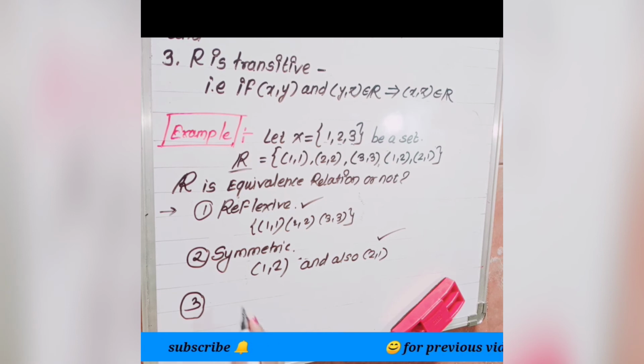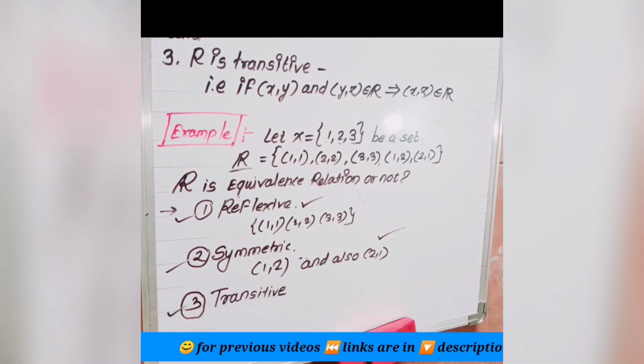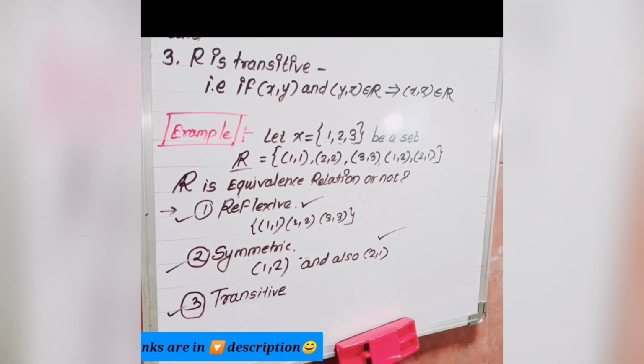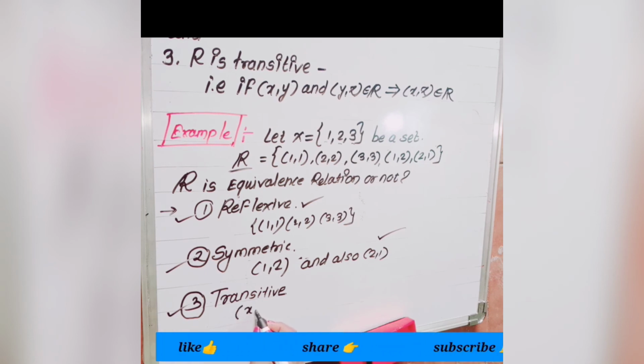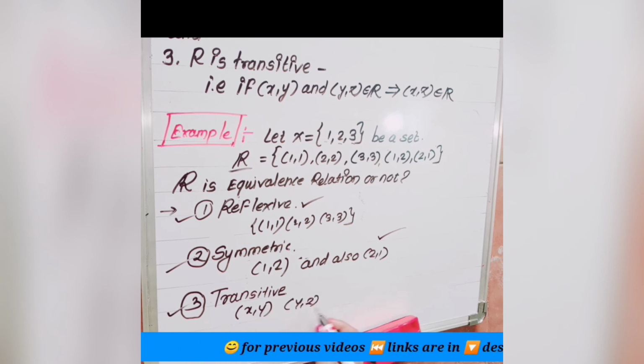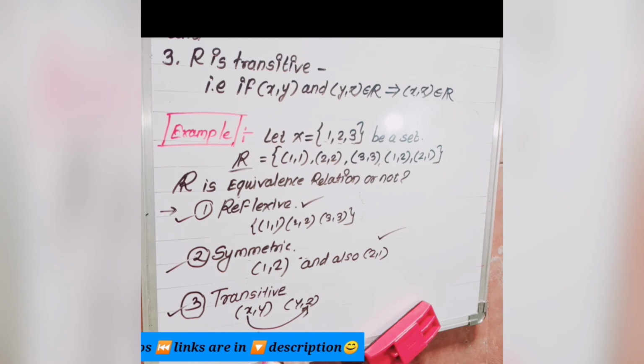Next one is transitive. Now we move on to the next property, the transitive relation. We have to find any ordered pairs which satisfy this condition: if x is related to y and y is related to z, then x must be related to z.